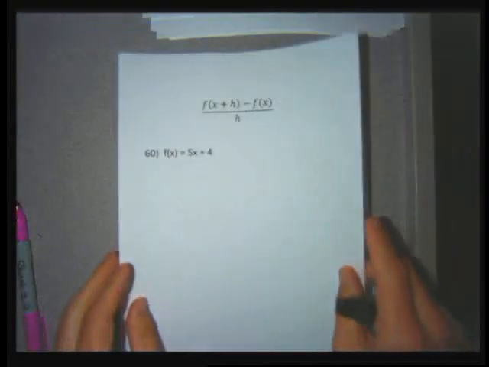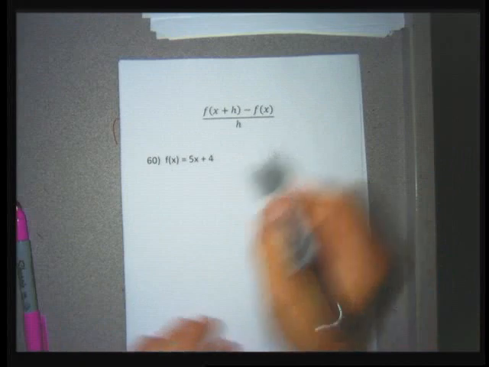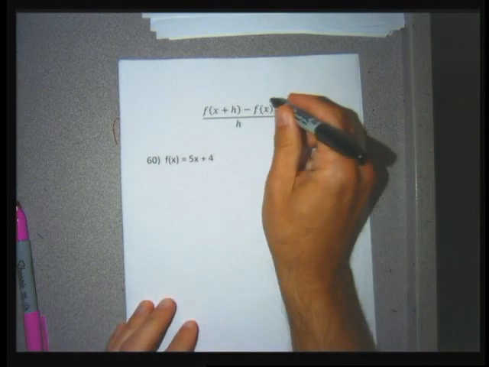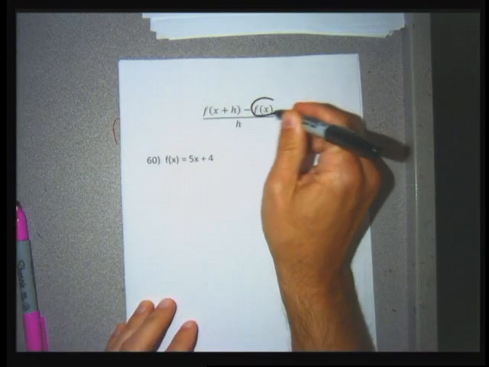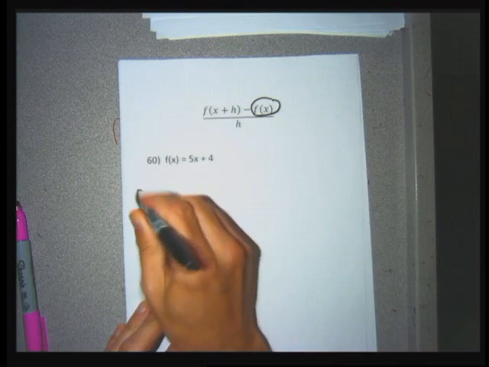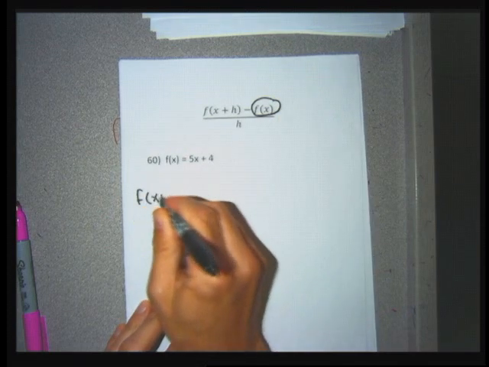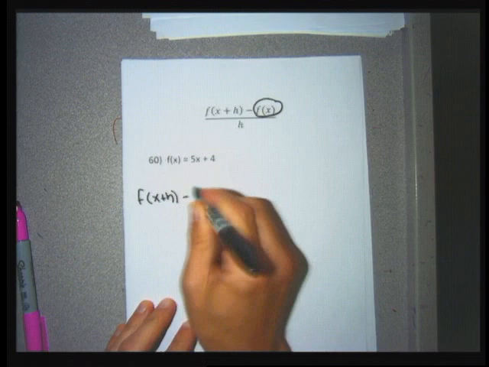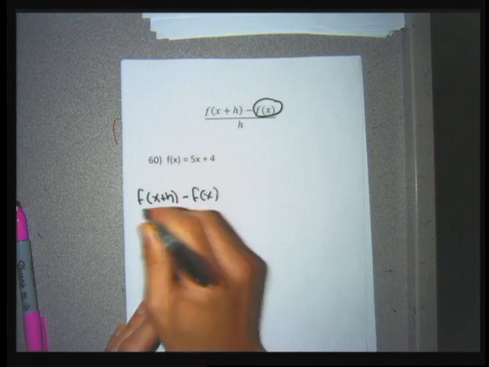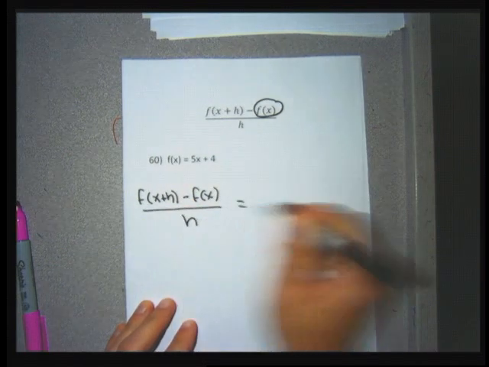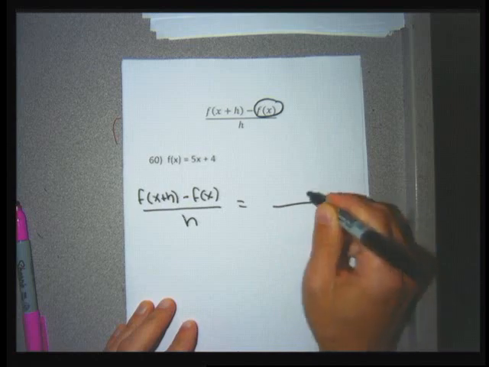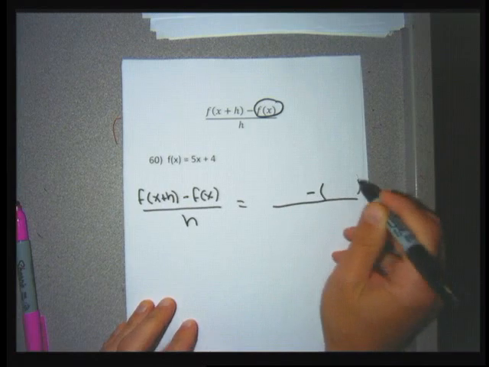Problem 60 wants me to do the same thing. So what I'm going to do is start replacing the f's in the numerator. So this function, the difference quotient, f of x plus h minus f of x over h, can be worked out by getting rid of the f's in the numerator.